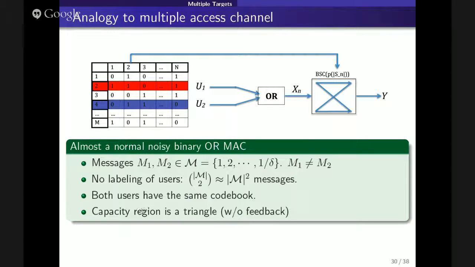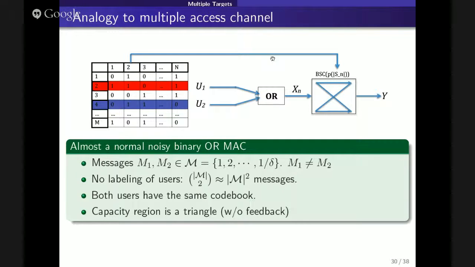Okay, the capacity of a binary OR MAC is just a triangle, with or without feedback. So in this kind of setting, feedback does not increase capacity.